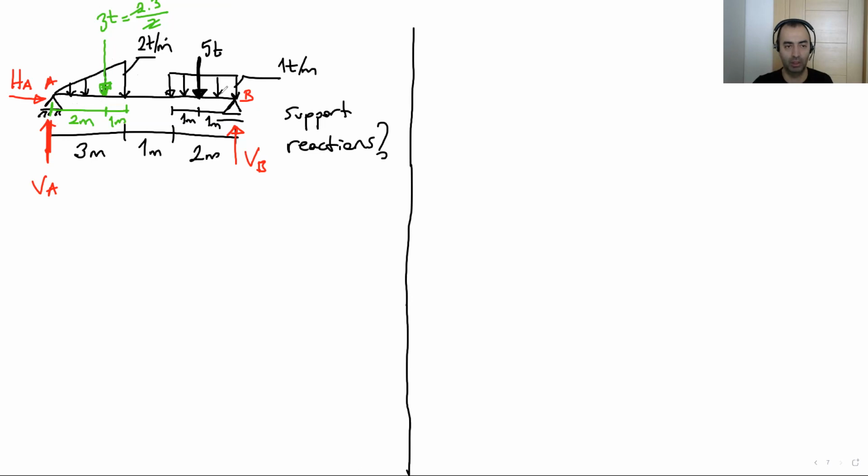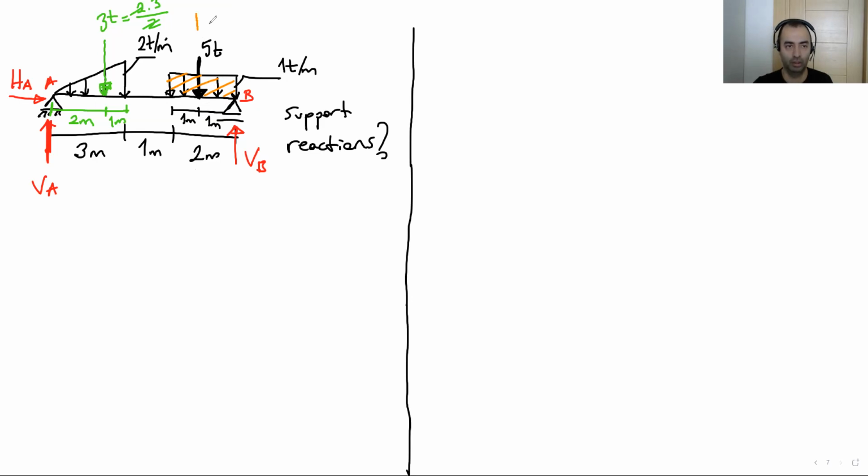Let's have a look at this uniform distributed load. We have this rectangle here. Let's calculate the area. 2 times 1, 2 ton. Where is the location? This is totally 2 meter. Since this is a rectangular shape, it's going to be at the midpoint.